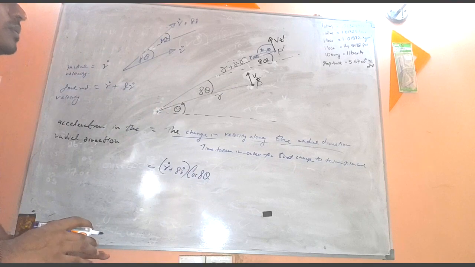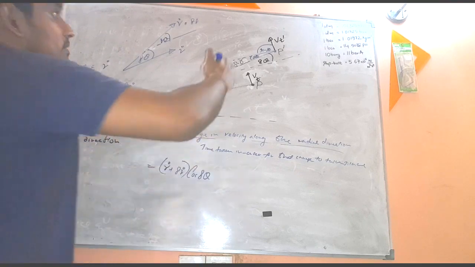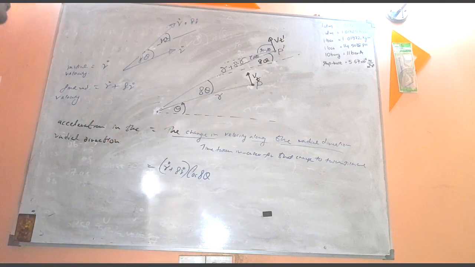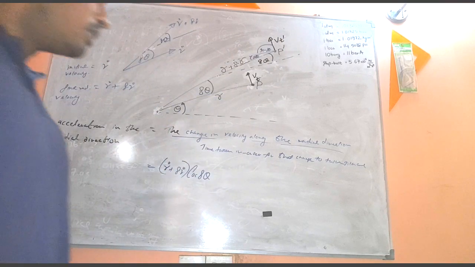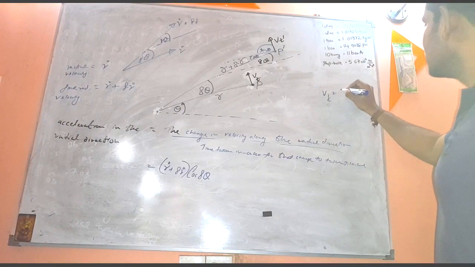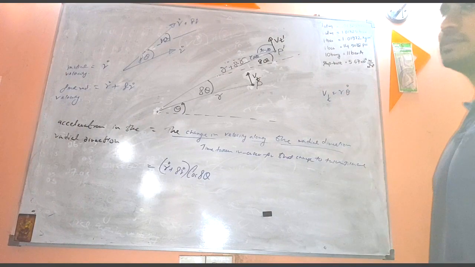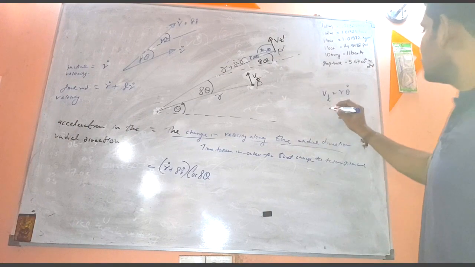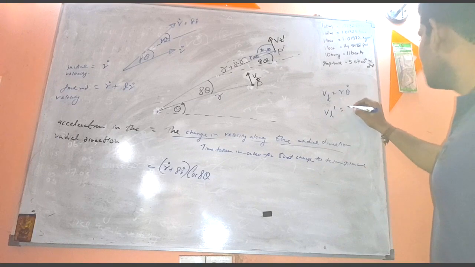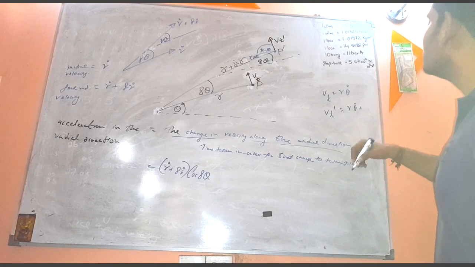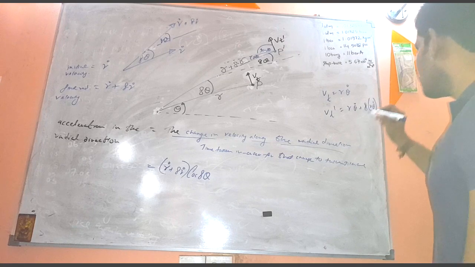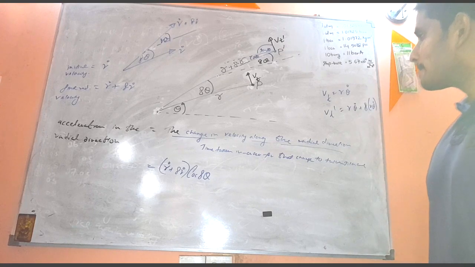Is that all? No. There is an effect due to this tangential velocity component also, right? So what is the tangential velocity? Vt, that is R theta dot. Then Vt dash is the final tangential velocity. So that will be R theta dot plus some change delta R theta dot. Okay.